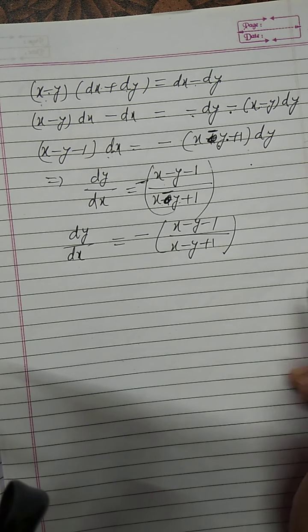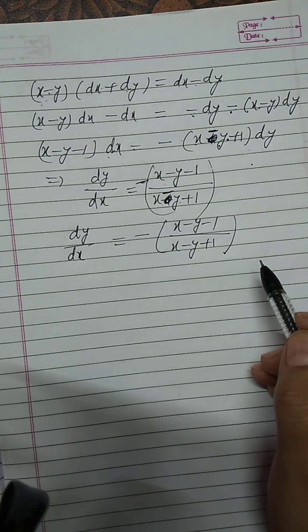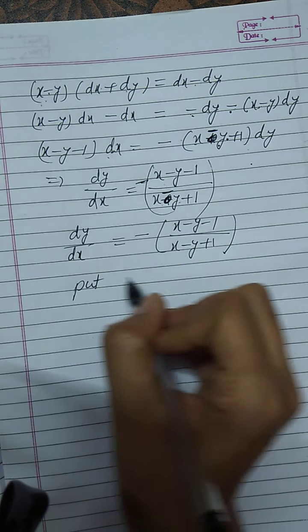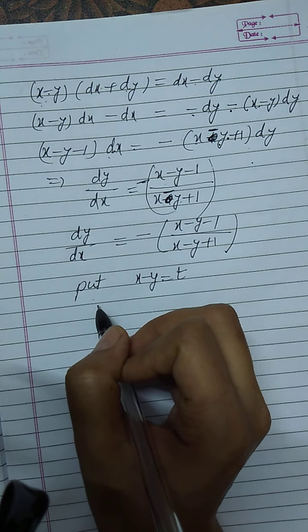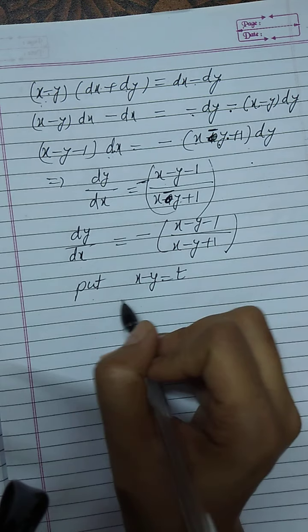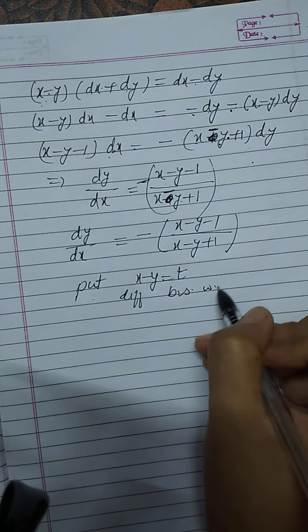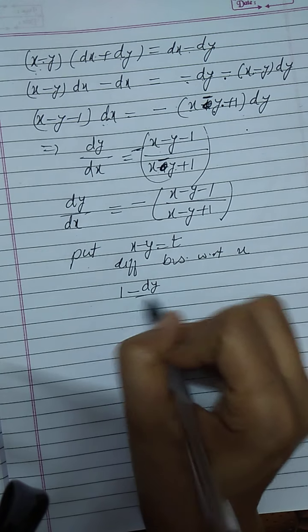Now here we will use our given substitution, our given hint. And what was the hint? We will put x minus y as t. Corresponding to this, if I differentiate both sides with respect to x, I will get 1 minus dy upon dx.